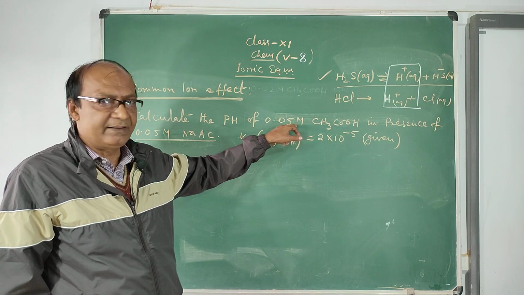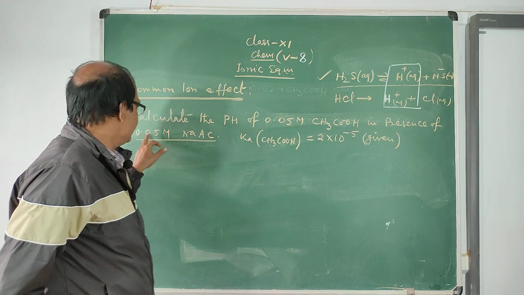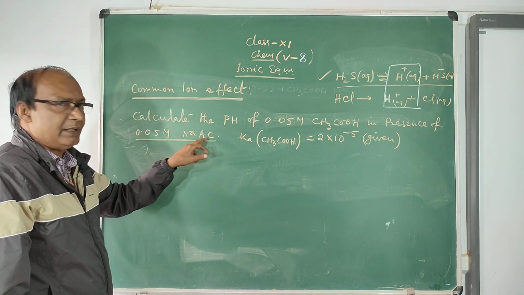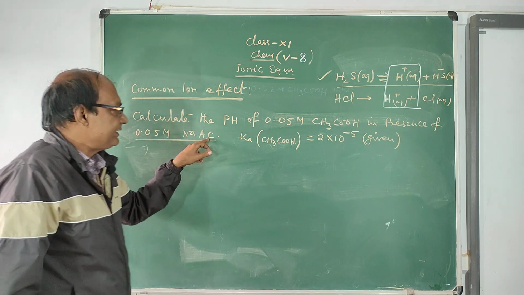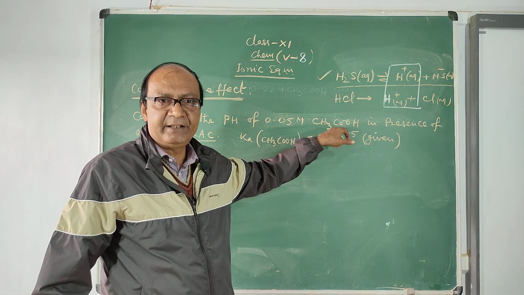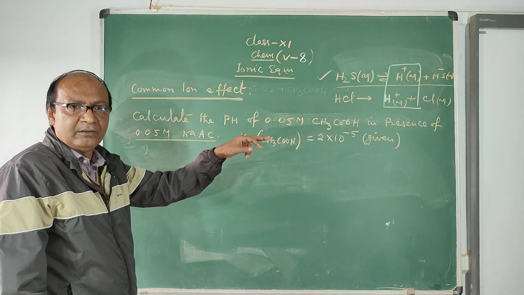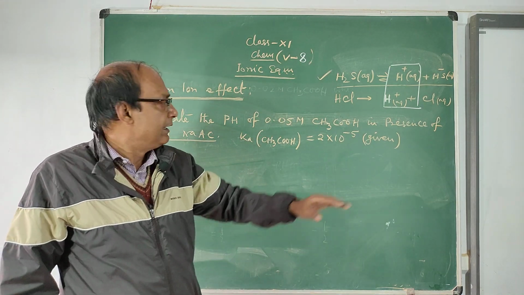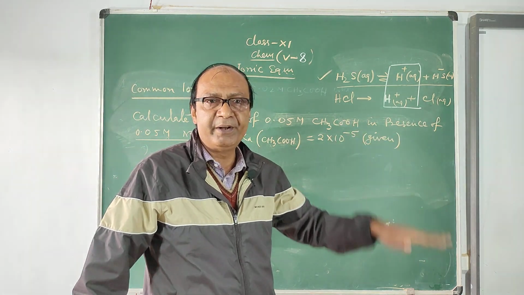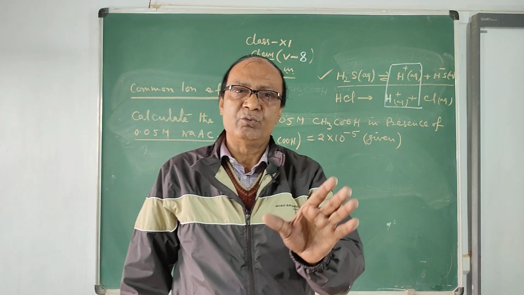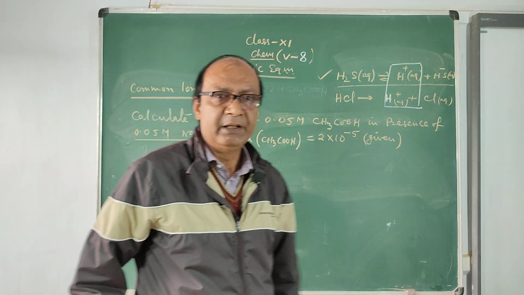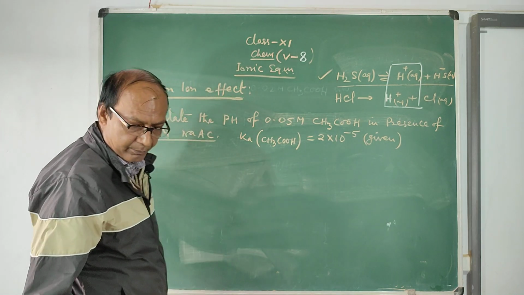But when you take this solution in presence of 0.05 molar sodium acetate, then acetate ion will be common. In acetic acid there is acetate ion, in sodium acetate there is acetate ion. So the ionization of acetic acid will be reduced and the pH will be affected accordingly.